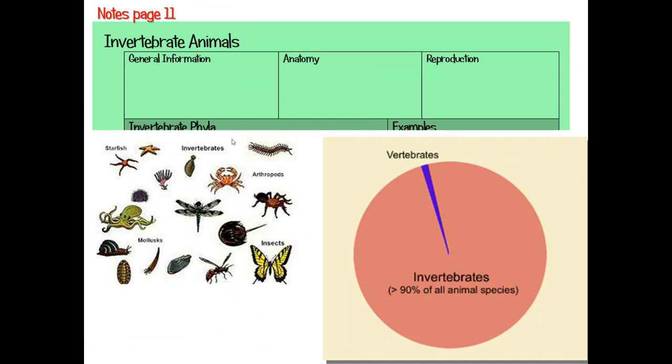This starts at the top of page 11, if you have your green packet. Vertebrates make up only about 5% of the animals, and invertebrates make up more than 90%. This is an older graphic. So it's a huge group of animals, very, very diverse, with millions and millions of different species.